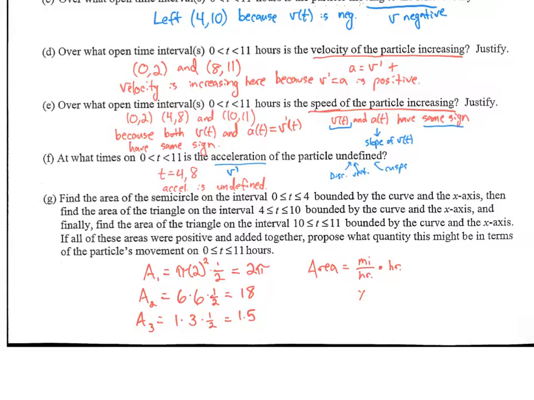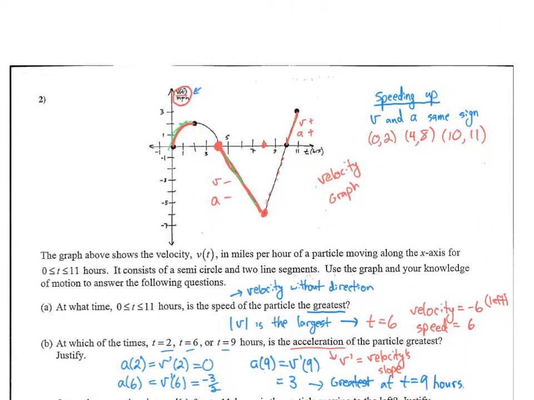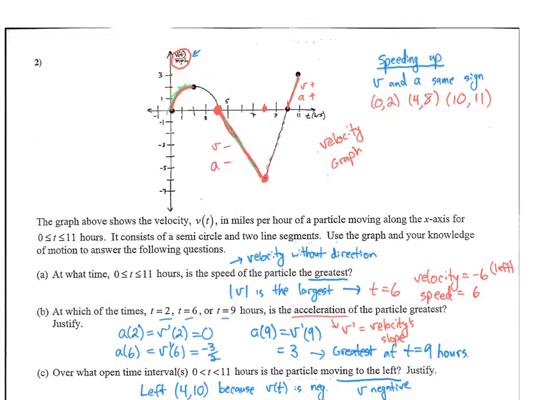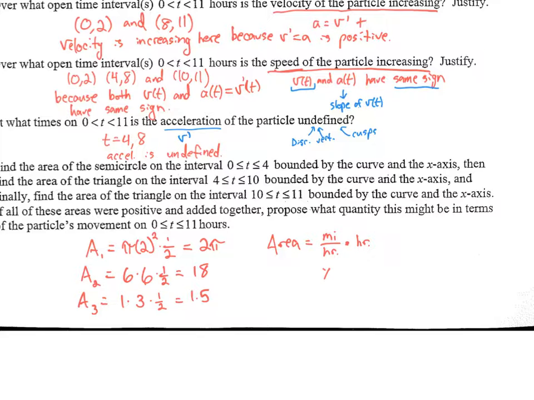Because remember, this graph up here is a velocity versus time graph, so the y's are measured in miles per hour, and then the x's, or the t's, are measured in hours. So our area is miles per hour times hours. And if we multiply those units together, we just end up with miles.